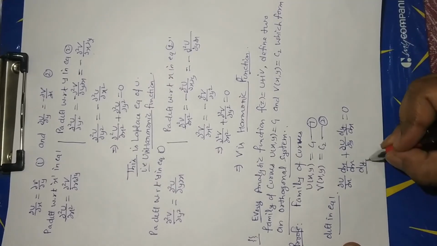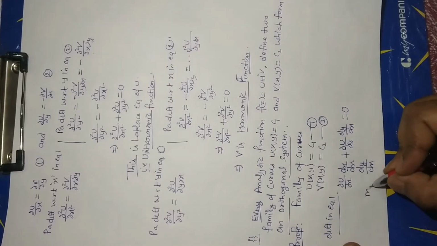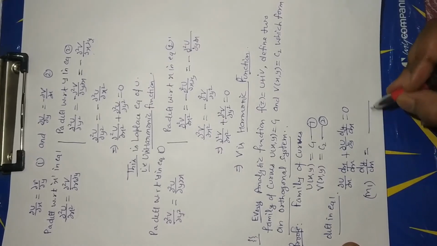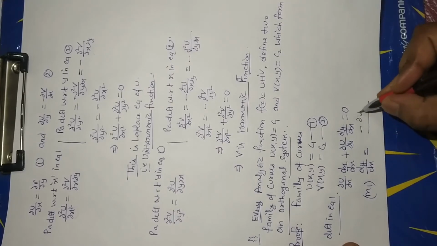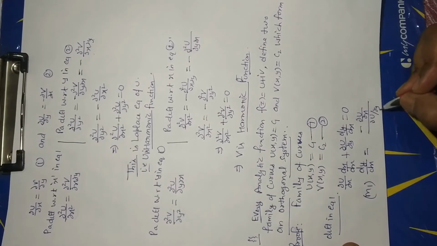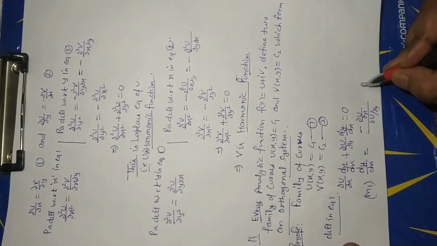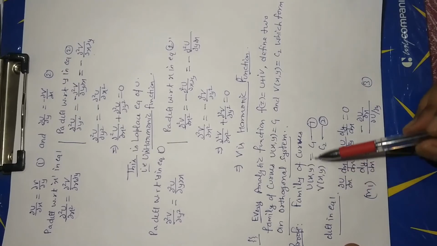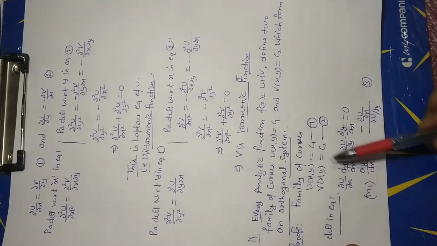Now dy upon dx, say m1, equals minus del u upon del x upon del u upon del y, equation number 3. This is the slope of the first family of curves.